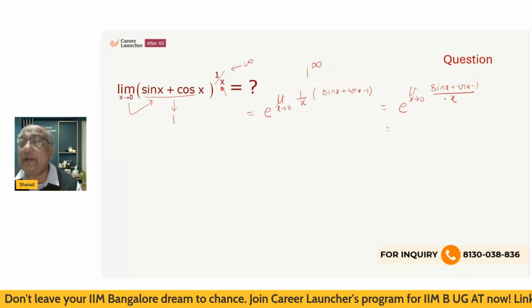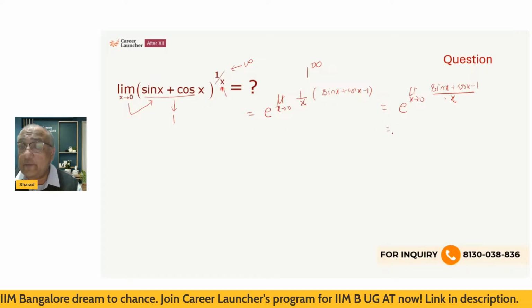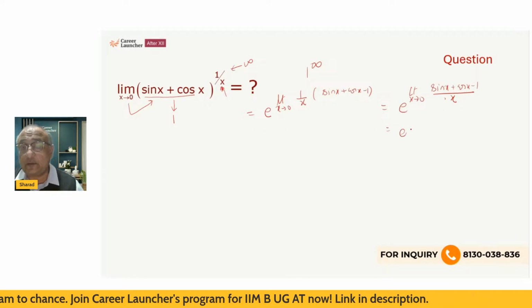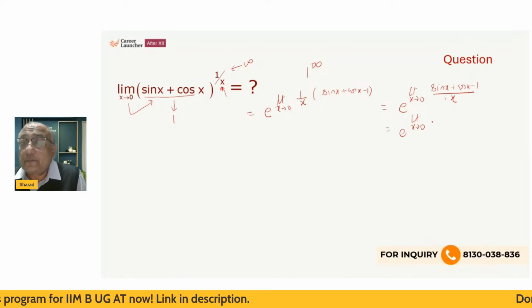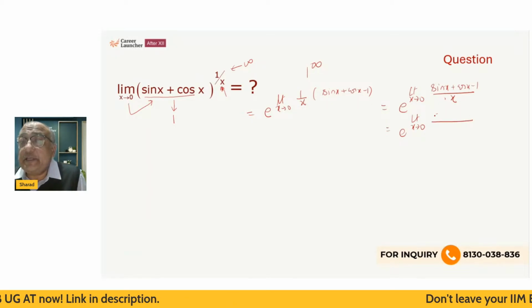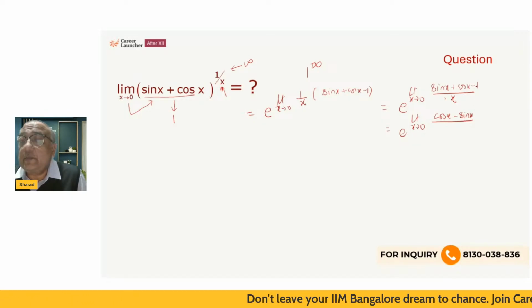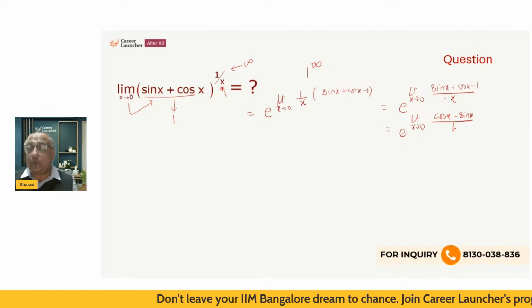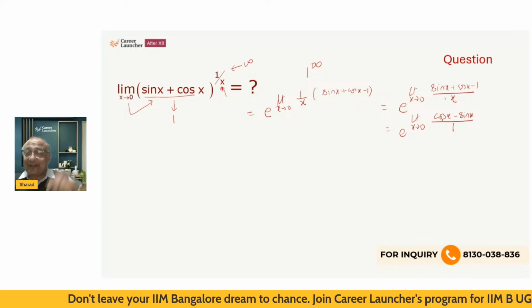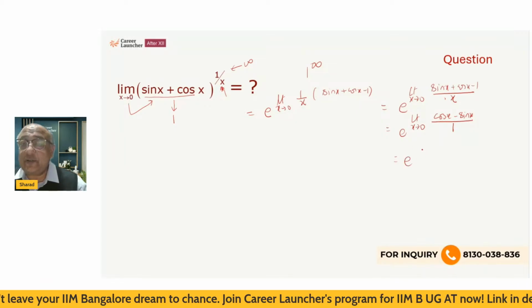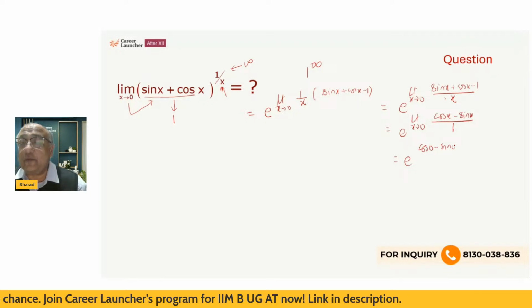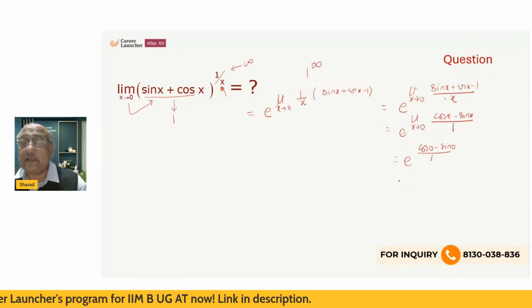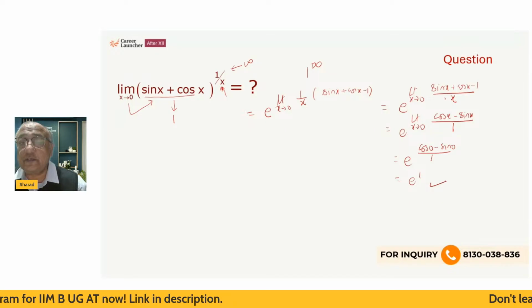Now this is 0 by 0. Don't worry about this. This is 0 by 0. So now this question is limit x tends to 0, 0 by 0, I'll differentiate. Sin x will become cos x. This will become minus sin x. This will become 0 and this will become 1. Wow, 0 has gone. So the answer is what? e raised to the power (cos 0 minus sin 0) upon 1. Sin 0 is 0, cos 0 is 1, 1 upon 1 is 1. So this is my answer.